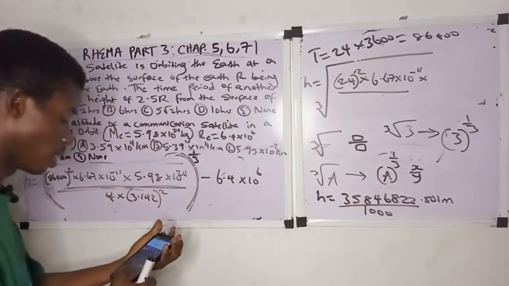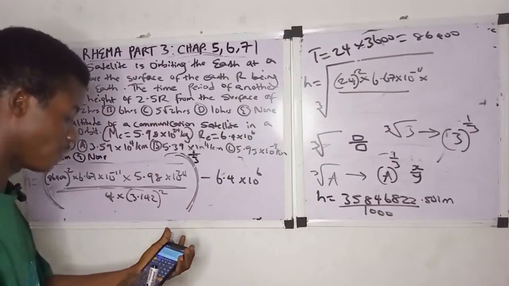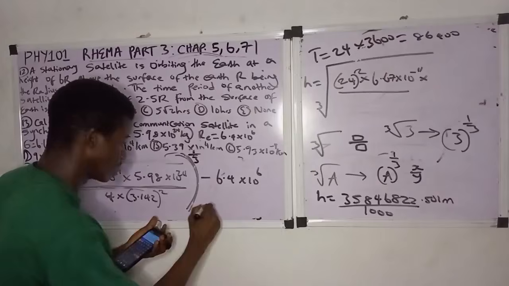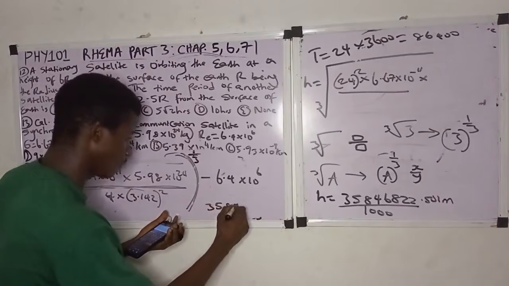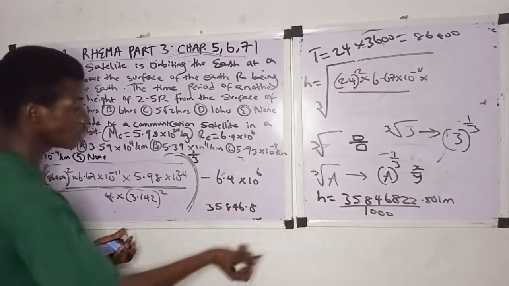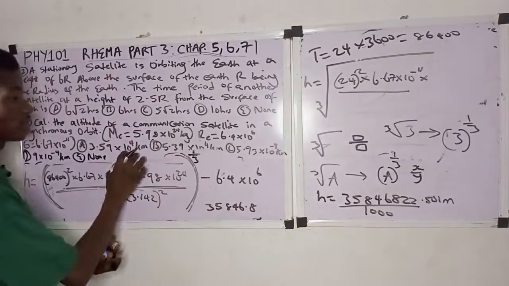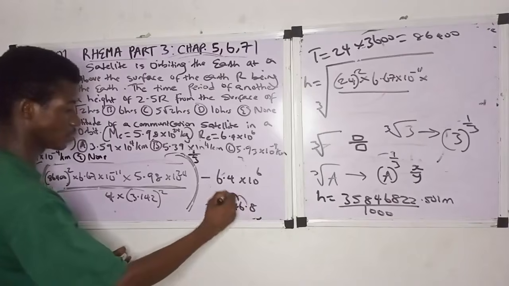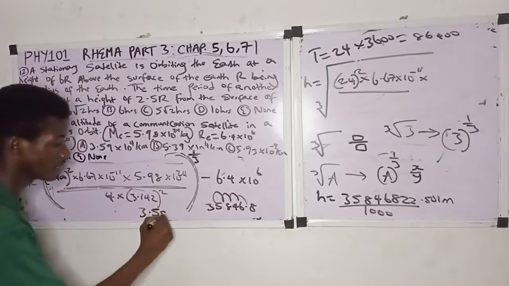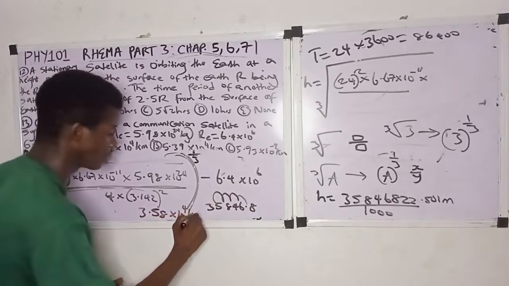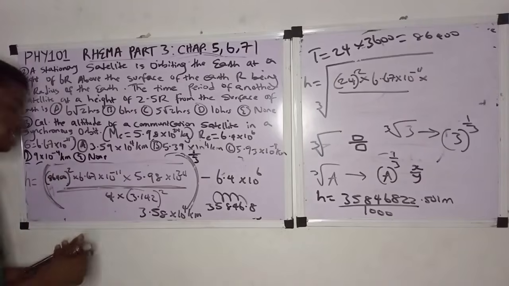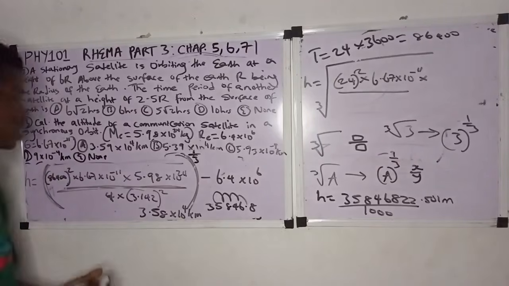So divide by 1,000 and you get 35,846.8. If we write it in this form, the answer will be 3.58 times 10 raised to the power of 4 kilometers. The closest option here is A, so the answer is A.